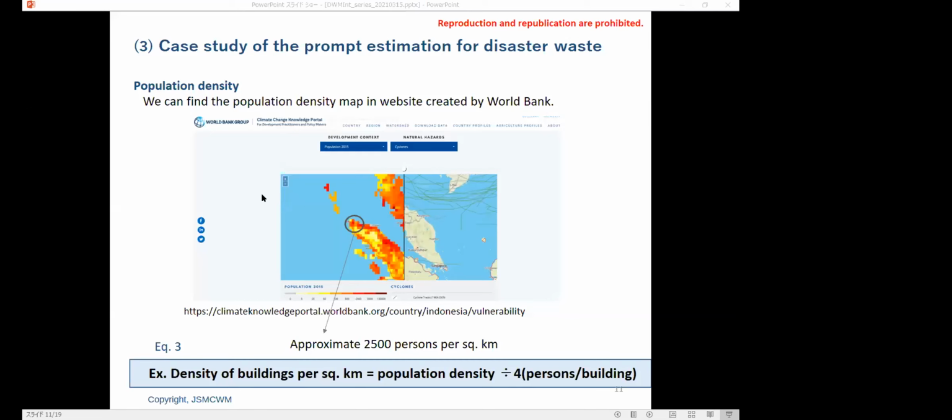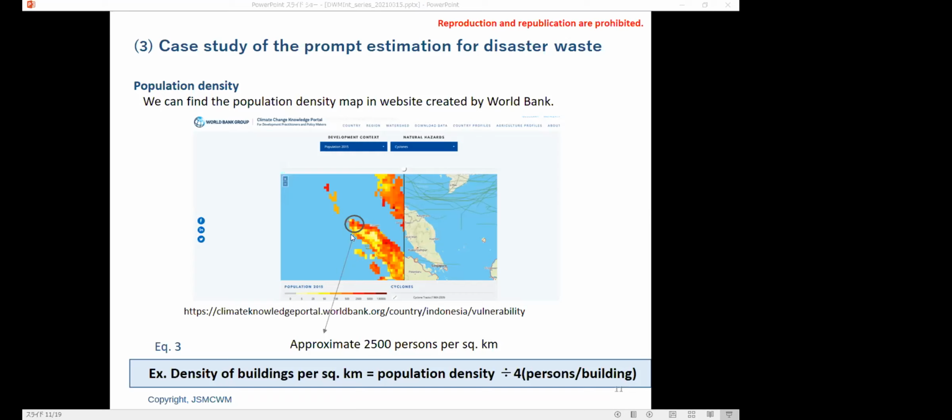Okay, so this is the vulnerability and population map of the World Bank. The map shows around the Banda Aceh area, and each dot is an indicator of population density per square kilometer.